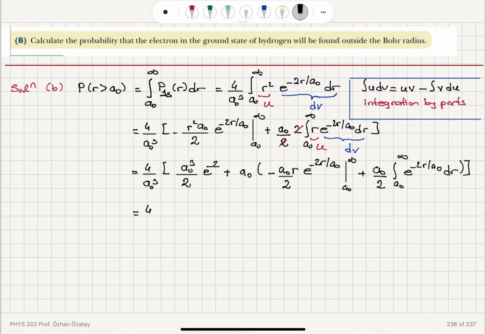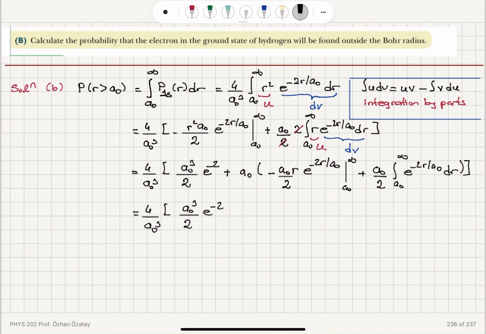So this is 4 divided by a0 cube. Then I have a0 cube over 2 e to the minus 2. Then here, evaluated at infinity, I get 0, evaluated at a0, this minus sign will become plus, so 0 minus minus will become plus.